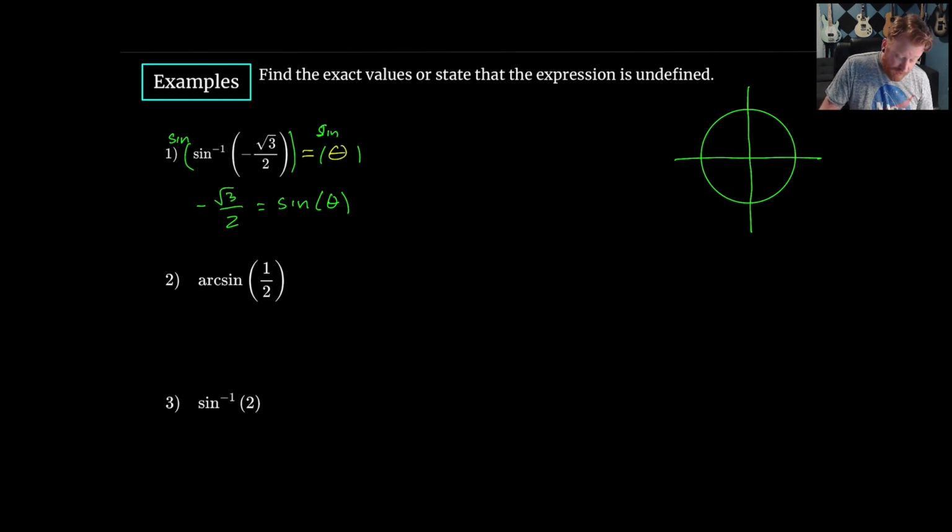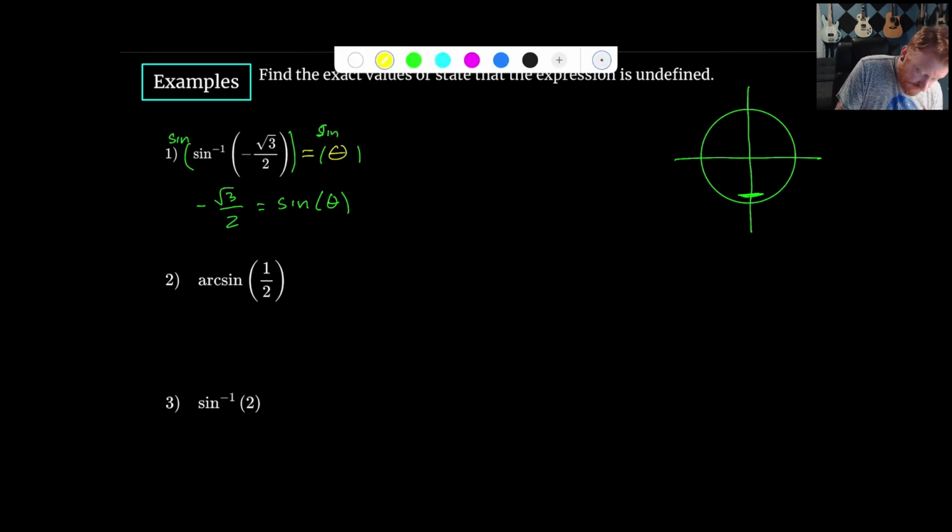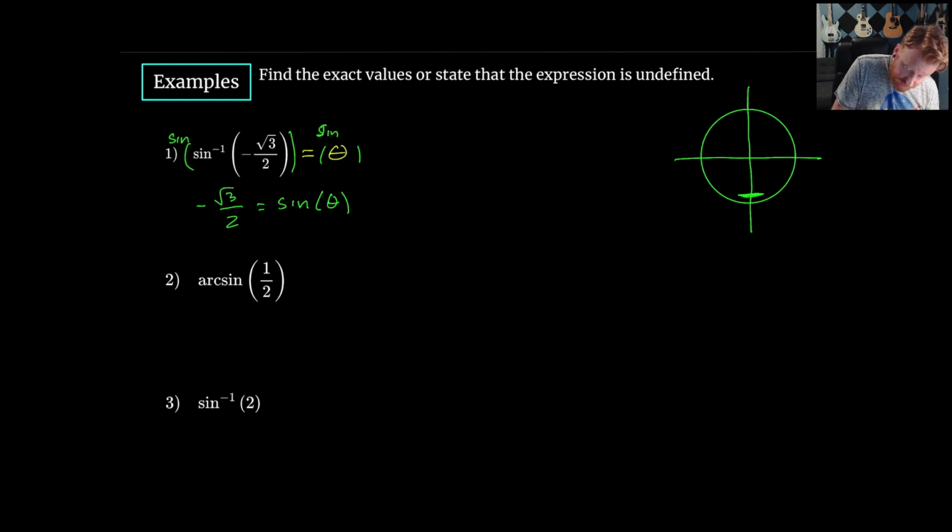So we're looking for where the sine is -√3/2. The -√3/2 is down here somewhere on the unit circle. And if I'm looking for a sine value, I know that the outputs for the restricted sine function are just going from -π/2 up to π/2. So I'm restricted to this right-hand side of the unit circle here.